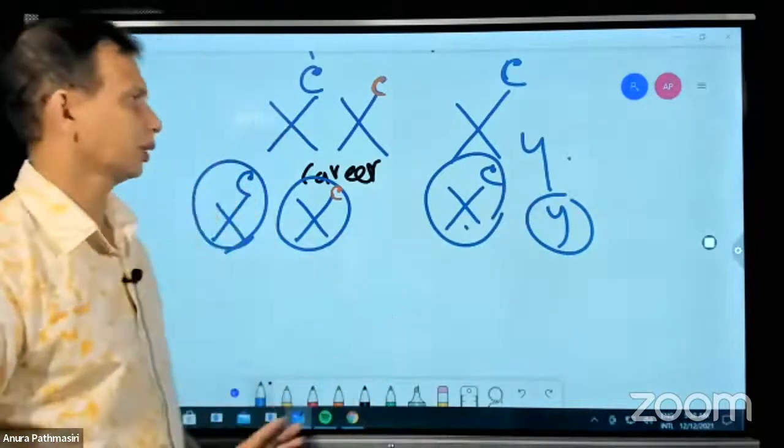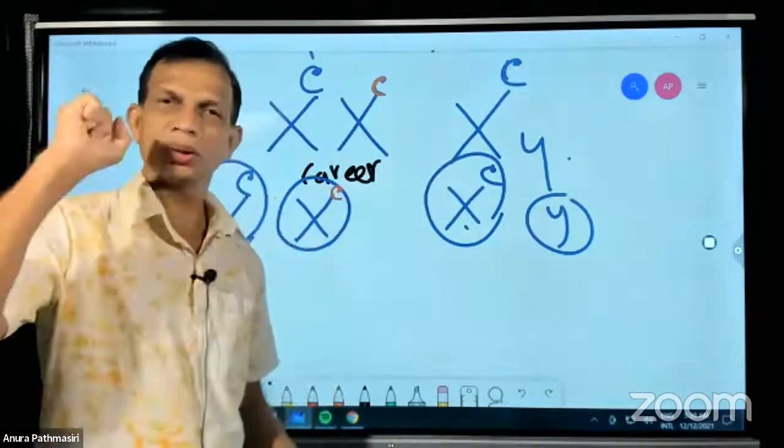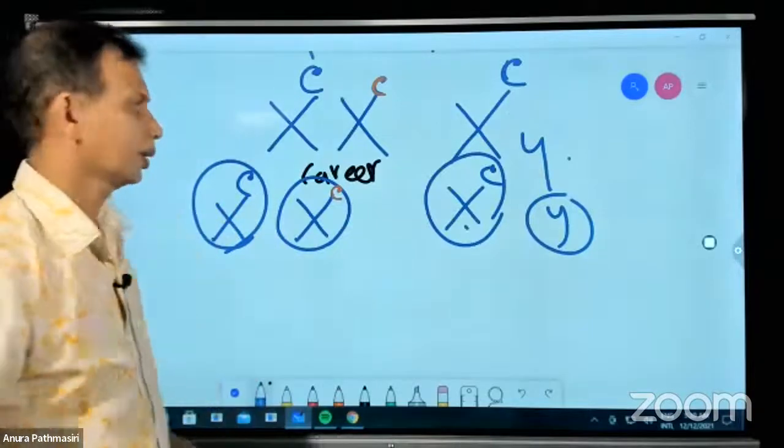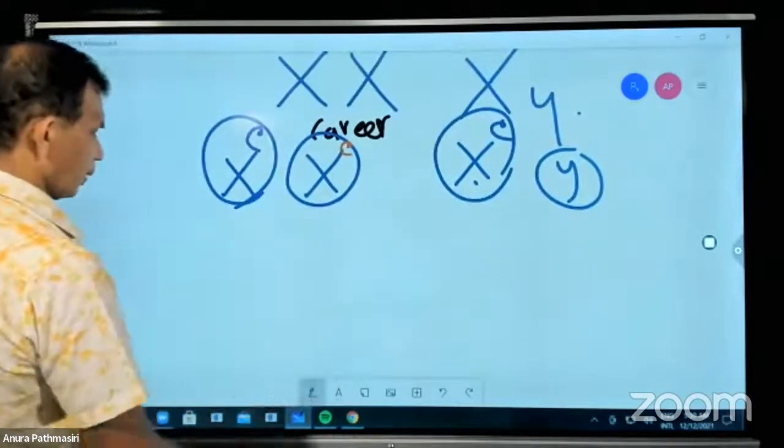Y doesn't have any particular things there, because this gene is available only on X chromosomes. So the possibility is to have the babies like this.